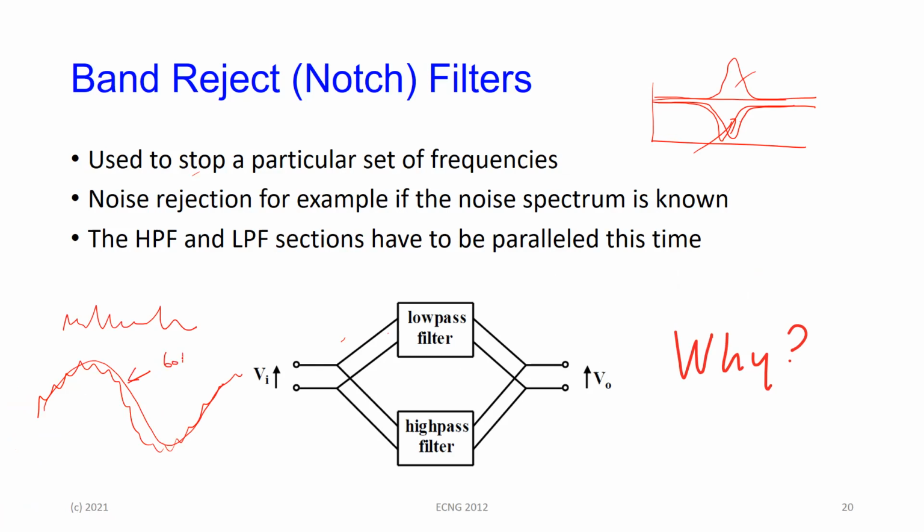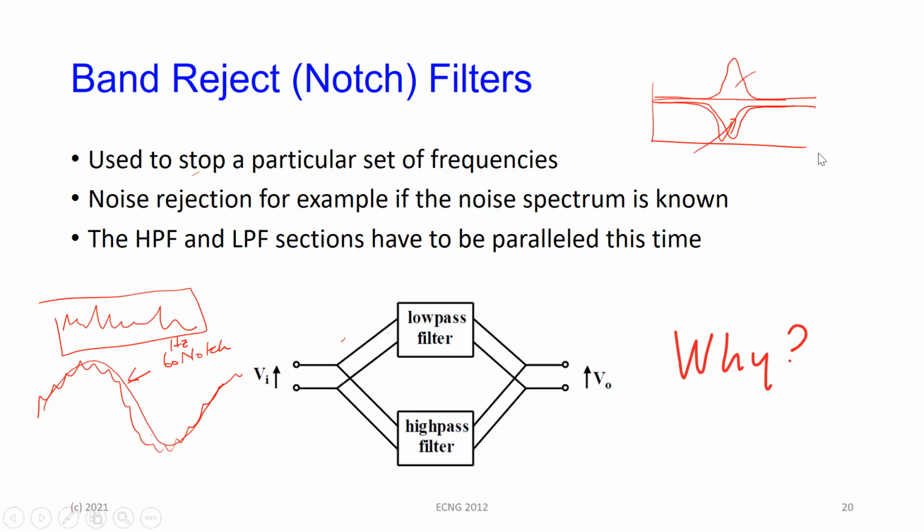So you want a 60 hertz notch here that will remove the 60 hertz signal and give you back the original things that you want. All right. In this case now, if we're using the high pass and the low pass, we have to cascade them. Sorry, we can't cascade them. We have to put them in parallel. In other words, we have to have an arrangement like this.